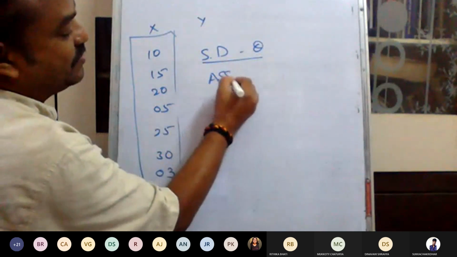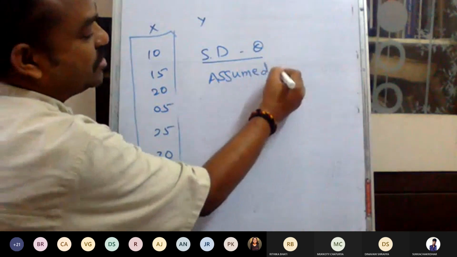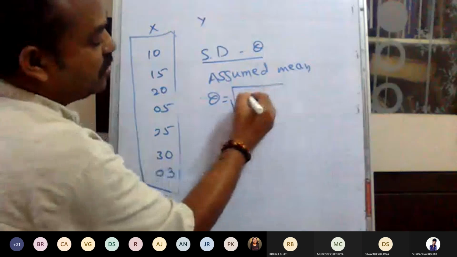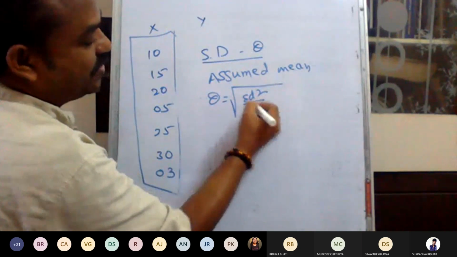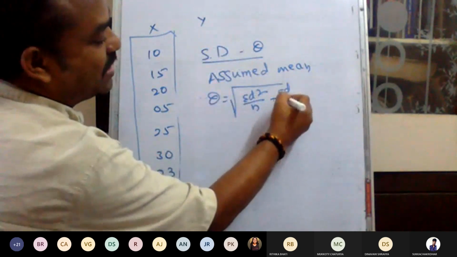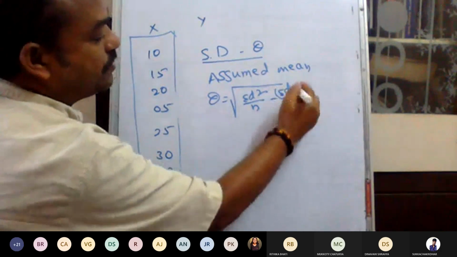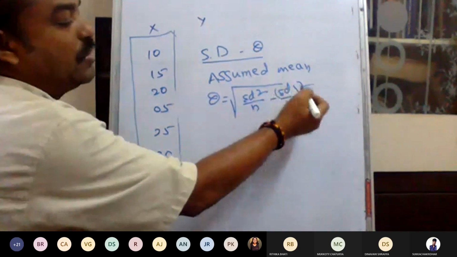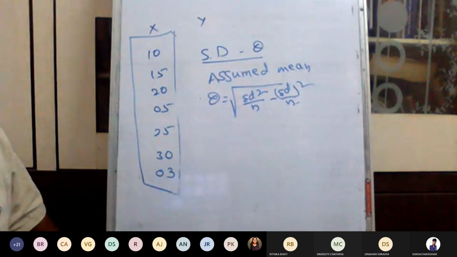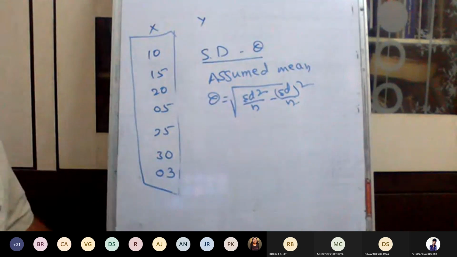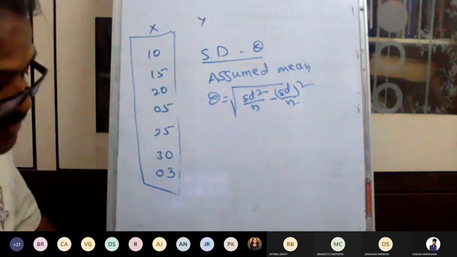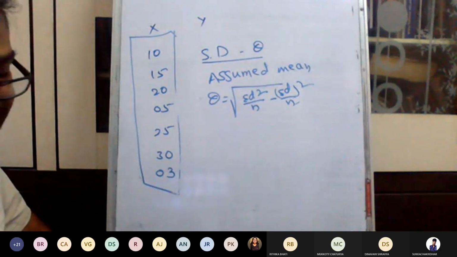From assumed mean, standard deviation is equal to the root of sigma d square divided by n minus sigma d by n whole square. This is in case of which series? Individual series, from assumed mean. Okay?